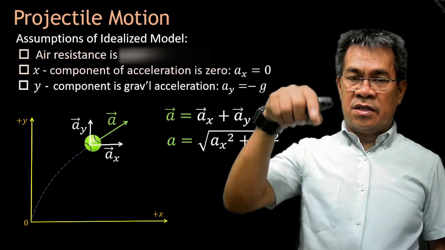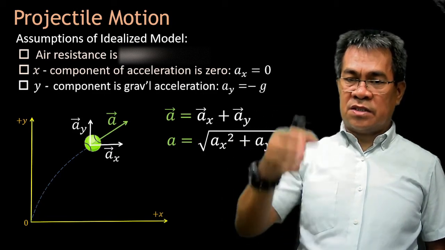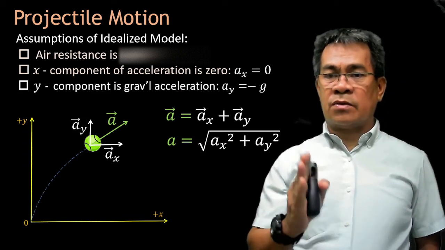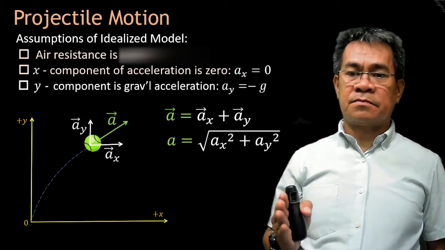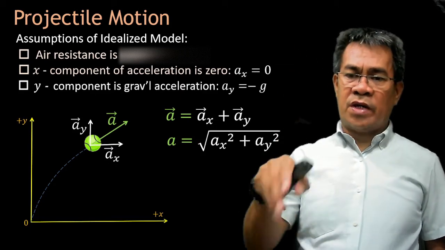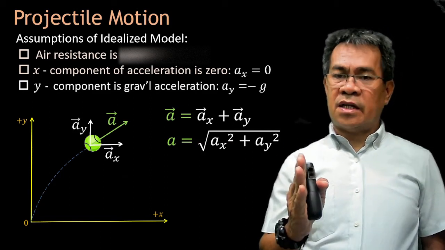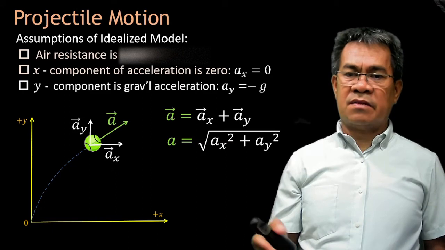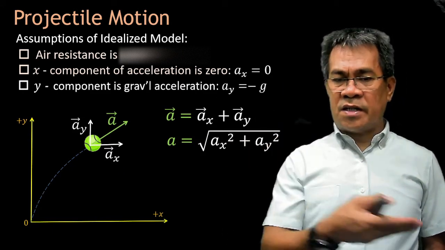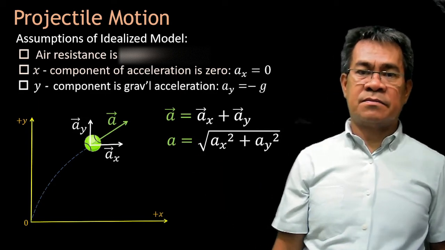Negative because it is towards the center of the earth, meaning downward, and our reference point upward is positive. Y above is positive while below is negative, meaning all vectors directed upward are positive while vectors directed downward are negative. Towards the right, our x is positive, towards the left is negative.